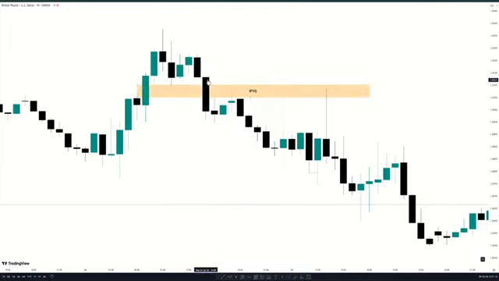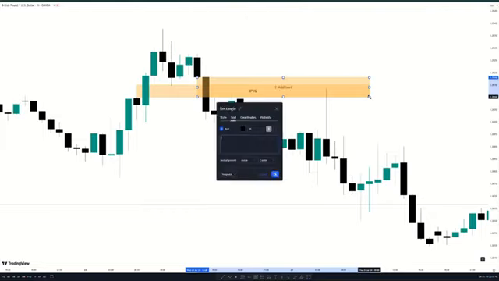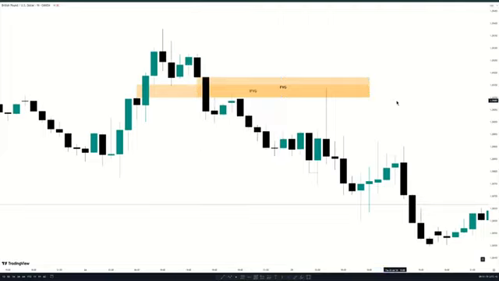And then you have a fair value gap right here, a fair value gap that was caused by this aggressive drop to the downside. So when these two come together, they tend to make a high quality reaction zone for price.